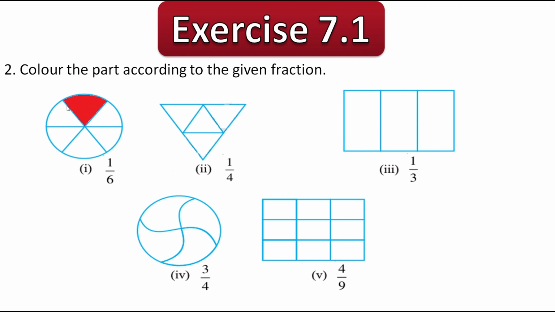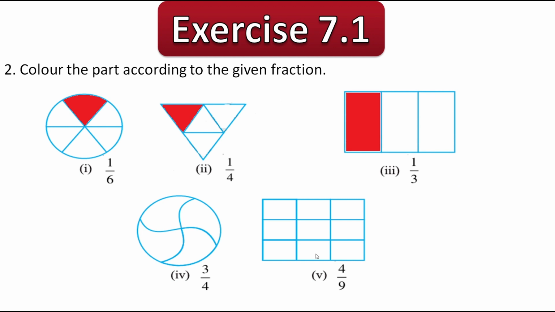Okay, now here we have 4 parts, and we have to shade one part from that. Now here we have 3 parts, and we have to shade one part. Here we have 4 parts, and we have to shade 3 parts. Here we have 9 parts, and in that we have to shade 4 parts.